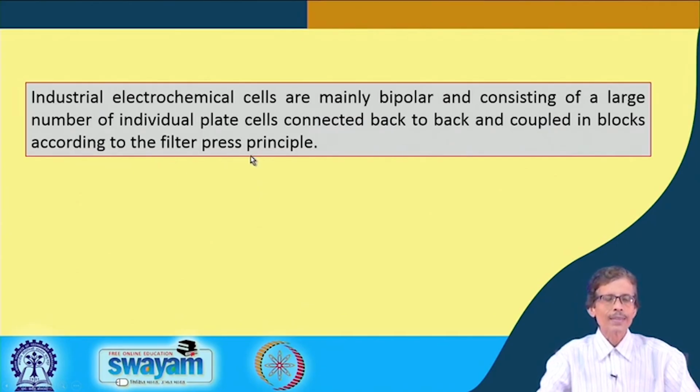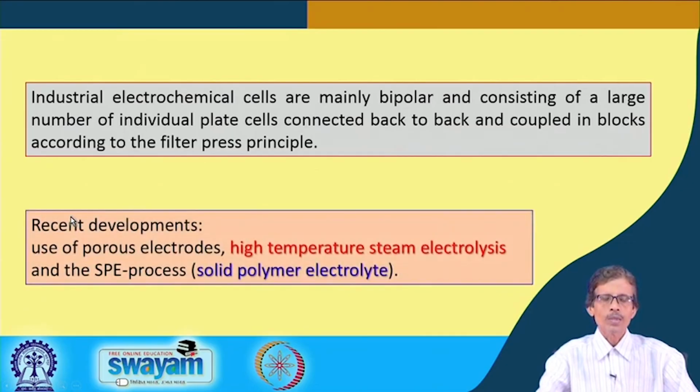So, these are technical things utilized for typical industrial electrochemical cells, because industrial cells are completely different from the cells we use for laboratory purposes. For that, we can use porous electrodes, that means gas permeable electrodes. These porous electrodes are very useful for the electrolysis of water for the production of hydrogen.